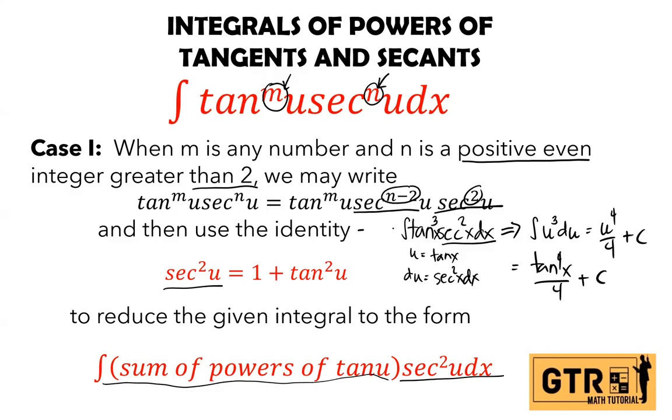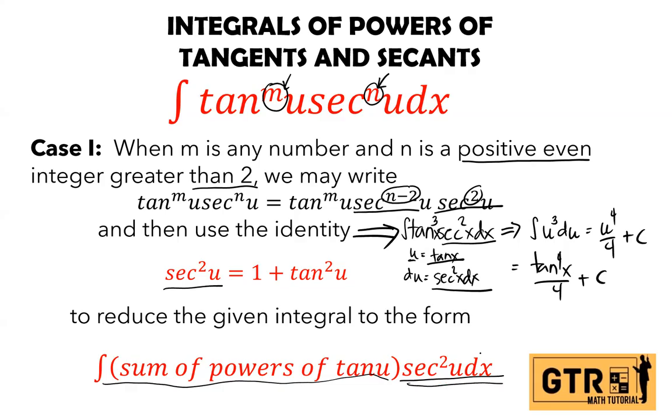We can use the direct formula because the differential of tangent x is secant square x dx. All of these terms are powers of tangent, and the derivative of tangent is secant square u. So our main objective is to reduce the integral into this form, a sum of powers of tangent u times secant square u dx.